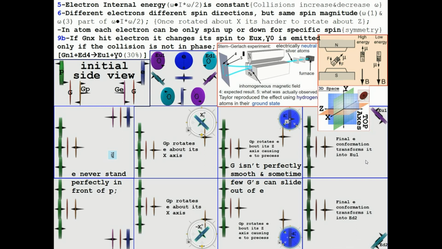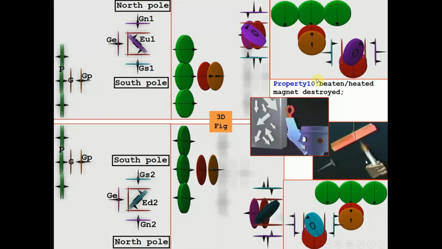The more different the spin direction of the electron and this magnetic field, the greater the chance that at the collision, this particle will hit the electron not in phase. In other words, not face to face. This out-of-phase collision will transform the magnetic field particle into a light, because it will cause it to precess. So the more the electron spin direction and the magnetic field direction are different, the more the chance that a photon will be emitted. These pictures are another viewpoint of the same former pictures.